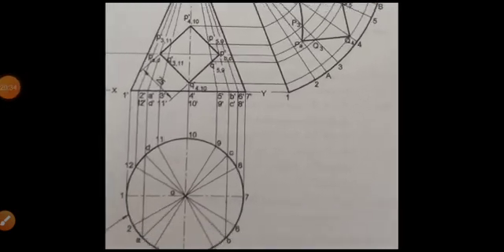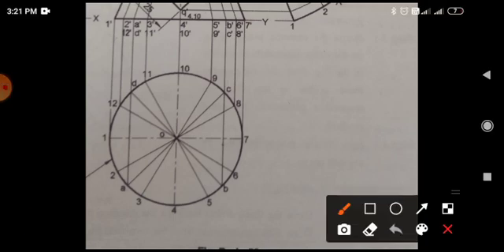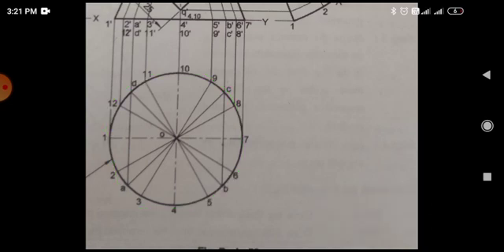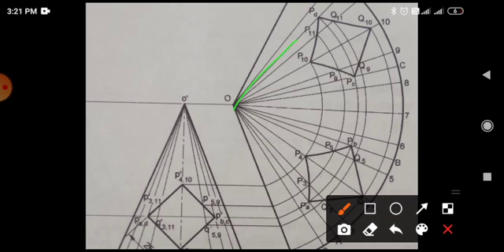In this figure they have shown something different, but don't go by that. I will tell you how to draw. Divide this circle into 12 parts, which we have seen in previous lectures. Okay, now again by the same procedure you also have to divide this theta into 12 parts.